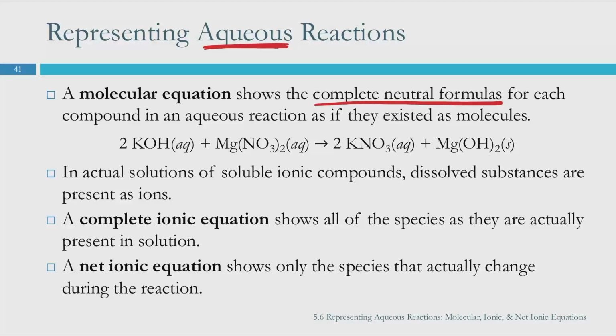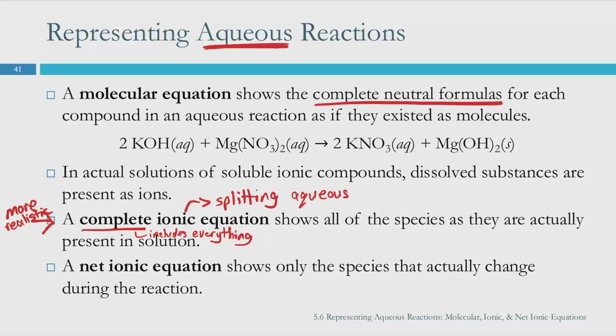So something that presents a more realistic view is our complete ionic equation. Our complete ionic equation is complete, so it has everything in it. Complete includes everything. We're not cutting anything out. And the ionic part means that we're splitting aqueous chemicals.